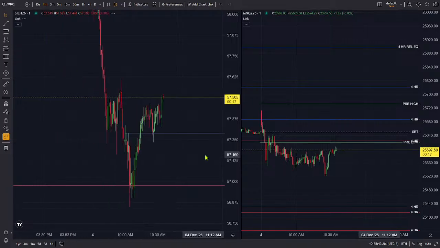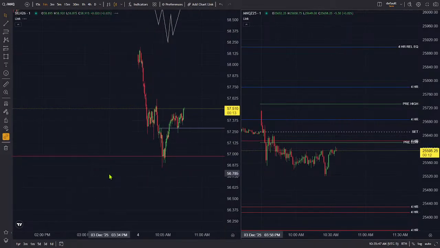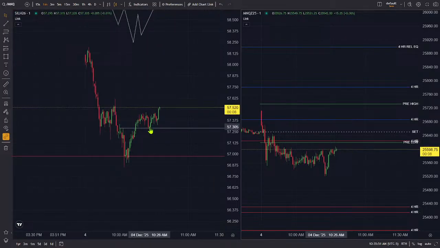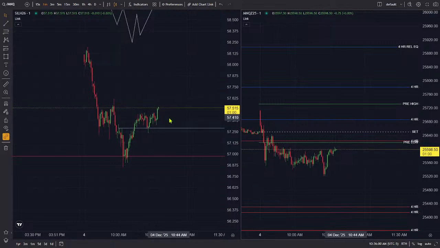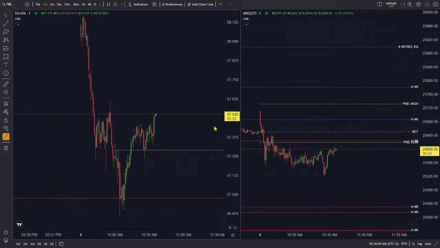And we are coming off of the all-time highs as well. So we've had two fair value gaps to the upside there. One here, one there. If this one stays open, I might try to get in on it again.